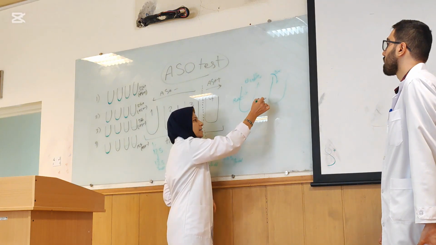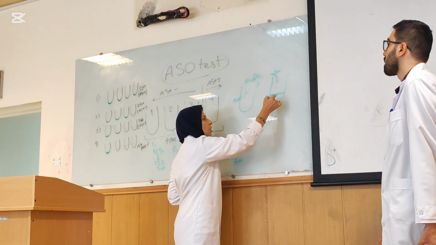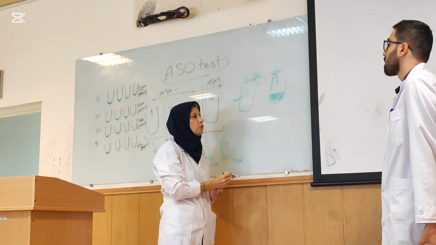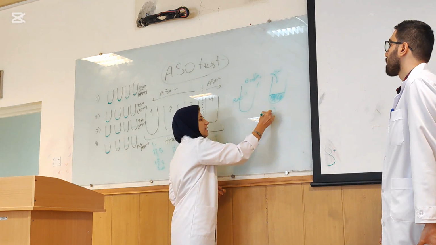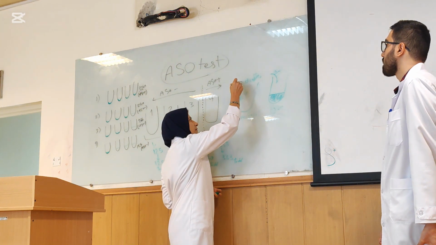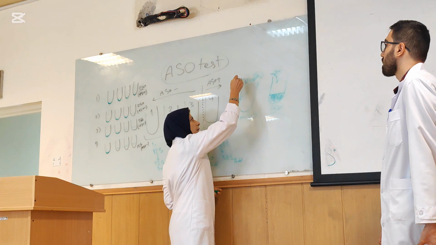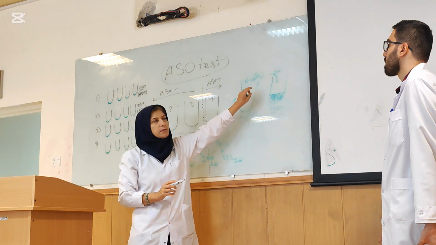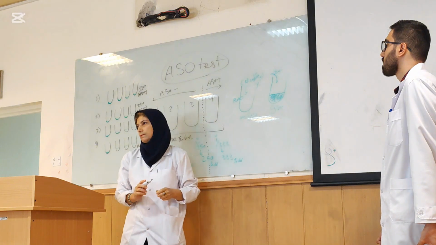If SO can lyse all of the RBCs here, it means the SO works well in this tube, and you see lysis here. But here you don't see any lysis, which means the buffer works in a good way. This tube is just for checking our buffer, this tube for checking our SO.